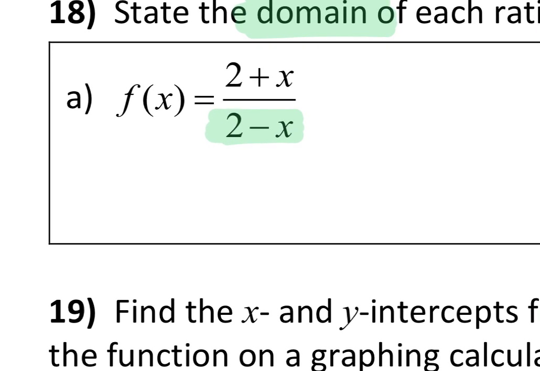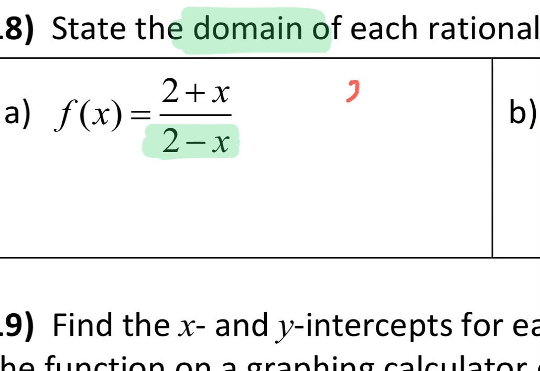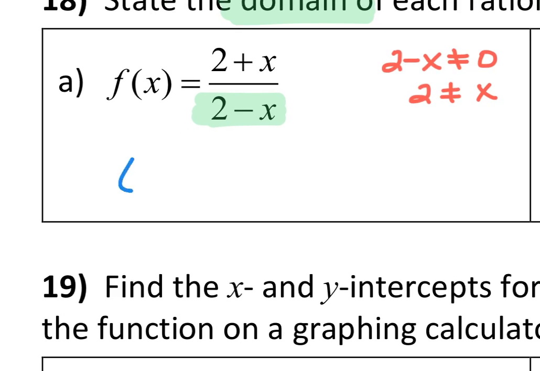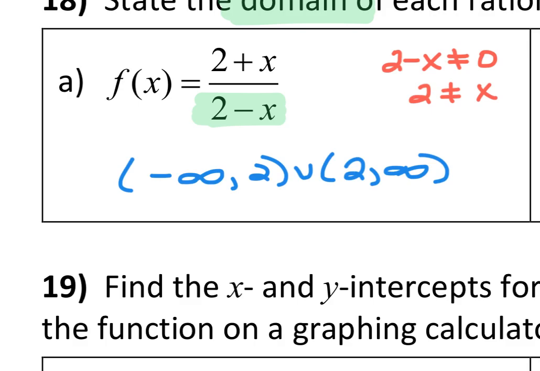And so if I were you, I would graph them if you have time real quick to just check yourself. But you can also find it algebraically fairly easily by saying, I know that the denominator cannot be equal to 0. And so in this case, 2 cannot be equal to x. And therefore, my domain is -infinity to 2, not including 2, and then 2 to positive infinity, all round parentheses.